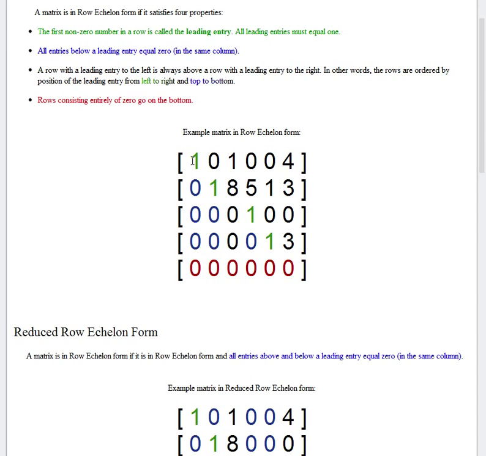So that's how the ordering works. The rows are ordered by the position of the leading entry from left to right, and the rows at the top have the leading entries to the left, the rows on the bottom have the leading entries to the right.